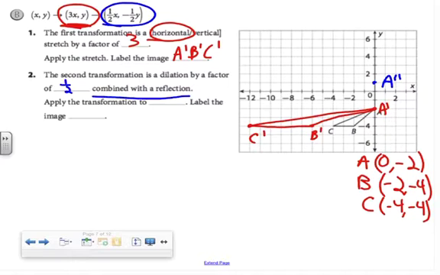B double prime will now be at -3, 2. And C double prime will now be at -6, 2. And I applied that transformation to A prime, B prime, C prime, and I called it A double prime, B double prime, C double prime.